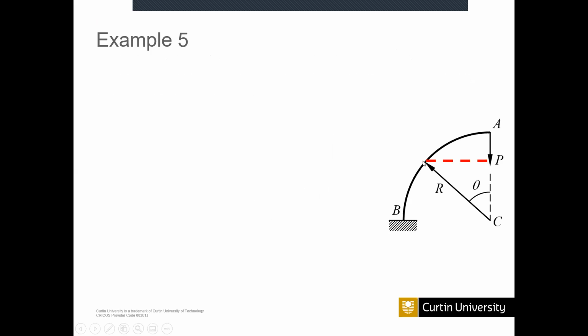The bending moment around this point due to this P load: there is a distance, and you can easily find the horizontal distance. This is the arc radius r, this is theta, so this length is r sine theta, and this length is r cos theta.